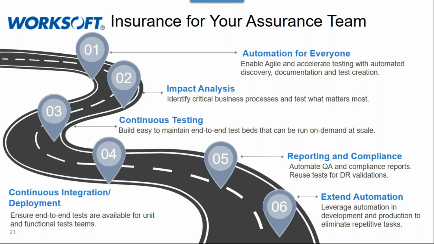We have impact analysis for SAP that identifies the critical business processes and tests what matters most. This is extremely important. I'm just going to give a quick little story on this one. One example, a use case of this, is you're bringing in a few transports into your SAP system today, yet you've got 500 end-to-end regression scenarios.